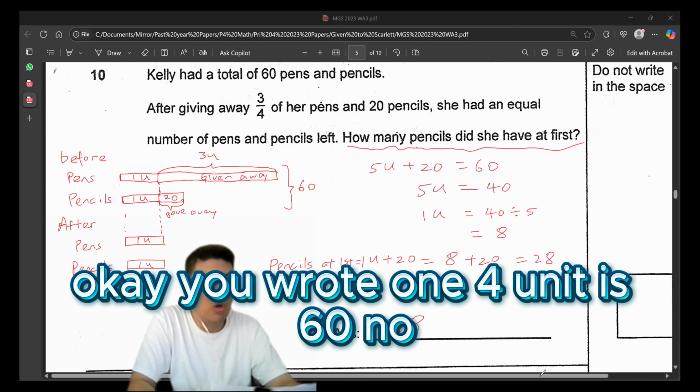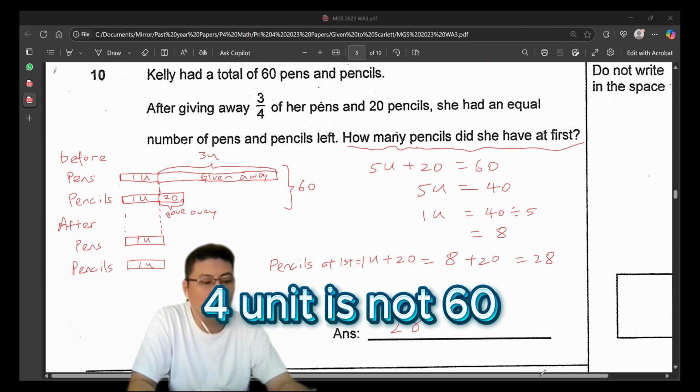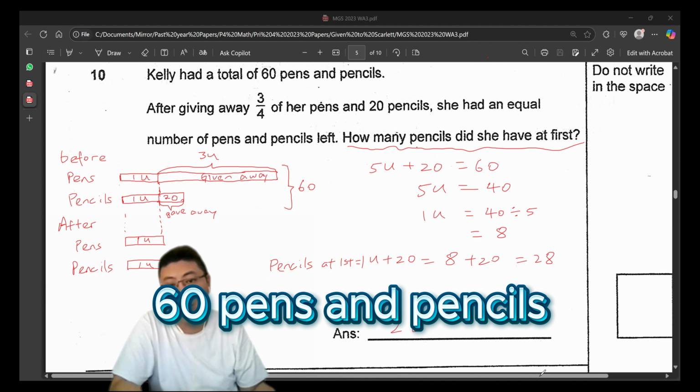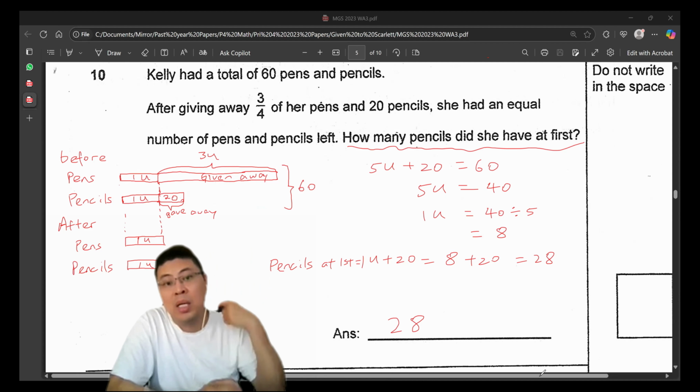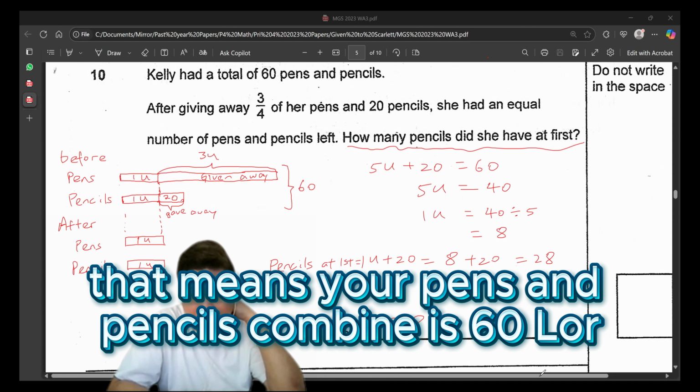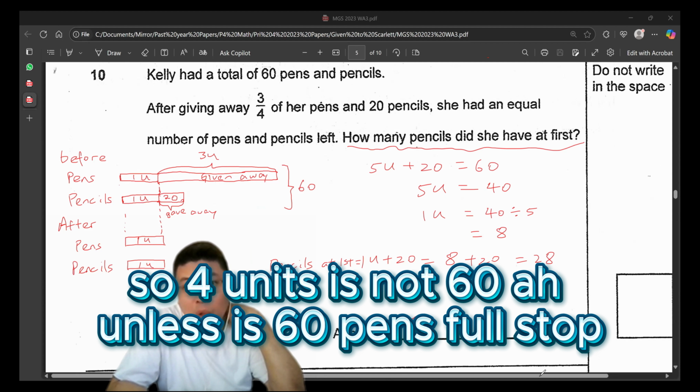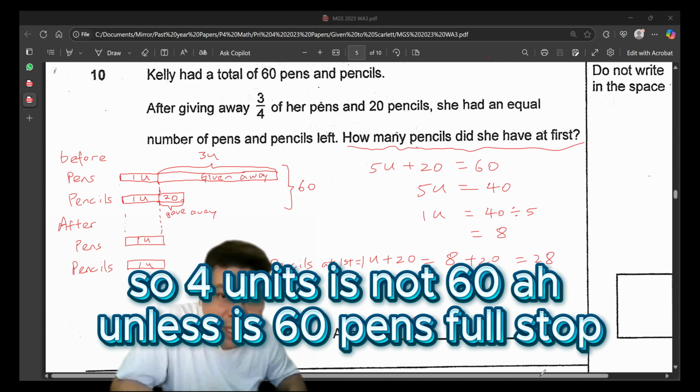Okay, you wrote 4 units is 60. No, 4 units is not 60. Reason is because of 60 pens and pencils. That means your pens and pencils combined is 60. So 4 units is not 60, unless it's 60 pens, full stop.